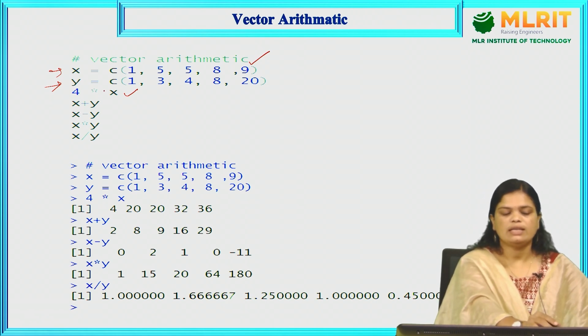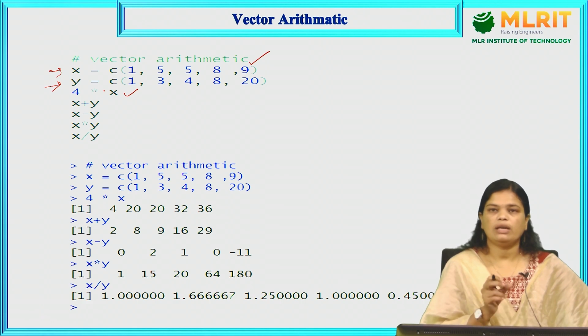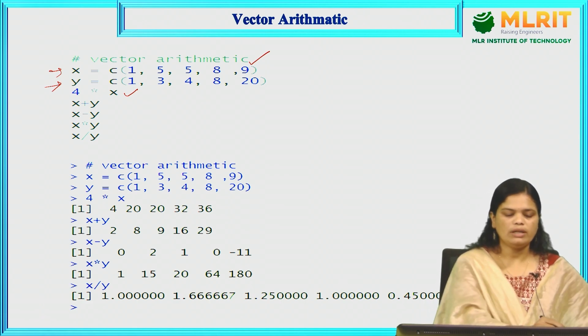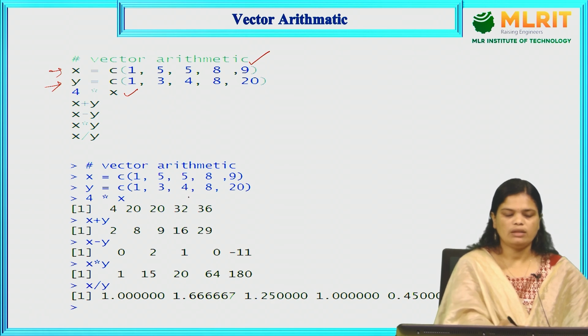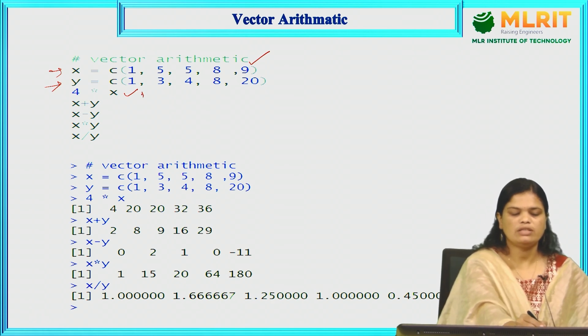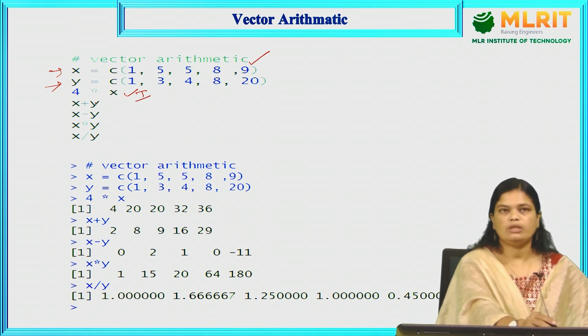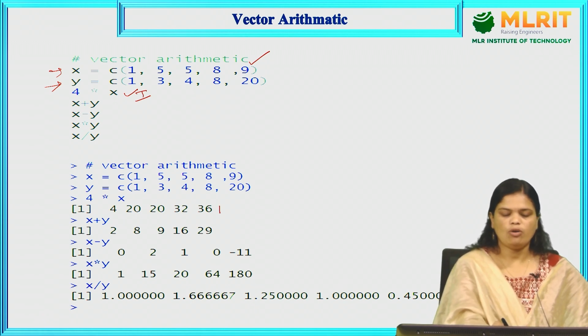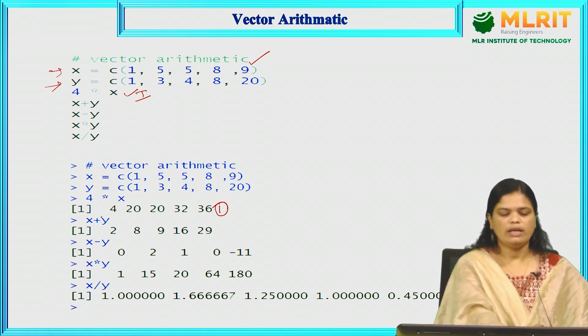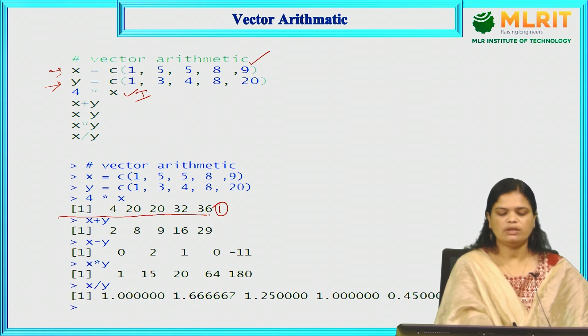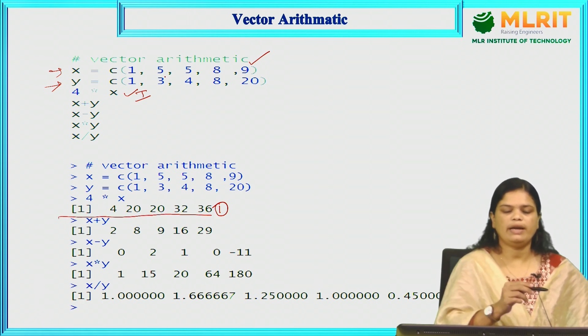You can take a scalar variable and apply any mathematical operator on a vector. Look at the output for this one. In the output screen, I have got this. So, 4 is multiplied with vector x.